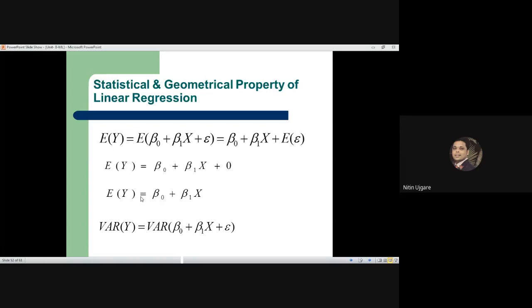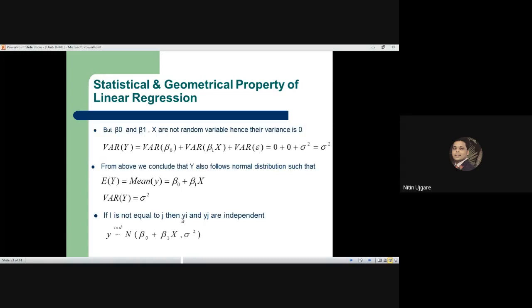Now we find the variance for the output value as well as for the right side term. So the variance of y is equal to the variance of beta 0 plus beta 1 of x plus epsilon. We know that the variance of the model parameter beta 0 is always 0. The variance of the product of the independent variable x and the model parameter beta 1 is also 0.